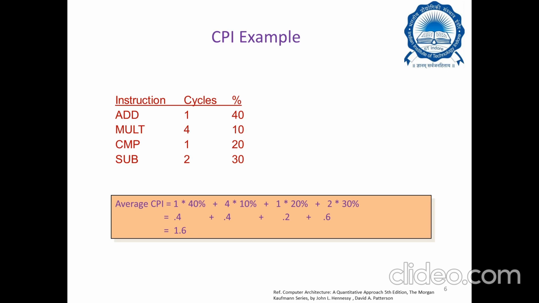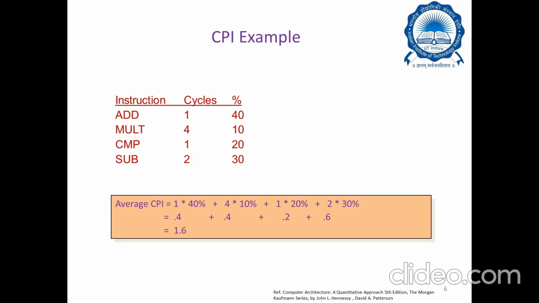That means 0.4 is the fraction of instructions of ADD type in the given program, plus 4 times 10%, that is 10% MULT type instructions, plus 1 times 20%, which is the comparator type happening 20% of the time, and then 30% is the subtractor type, that is subtractor type instructions are 30% of the total instruction count.